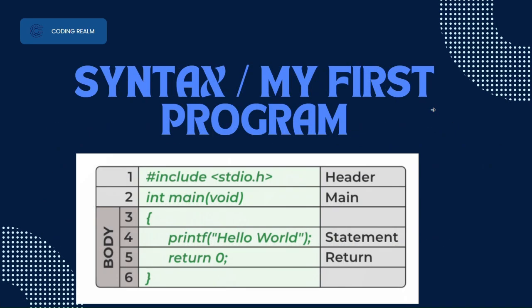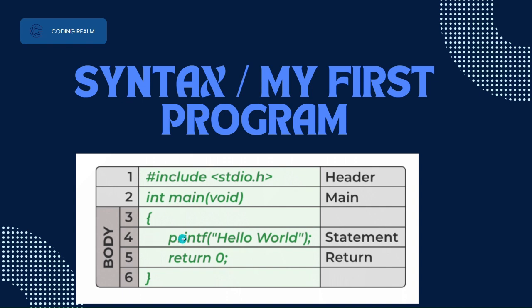Now let's see the syntax of the first program using the C programming language. In the first line we have hashtag include stdio.h, it's the header. In the second line we have int main, it's the main function. In line 3 I open the braces.